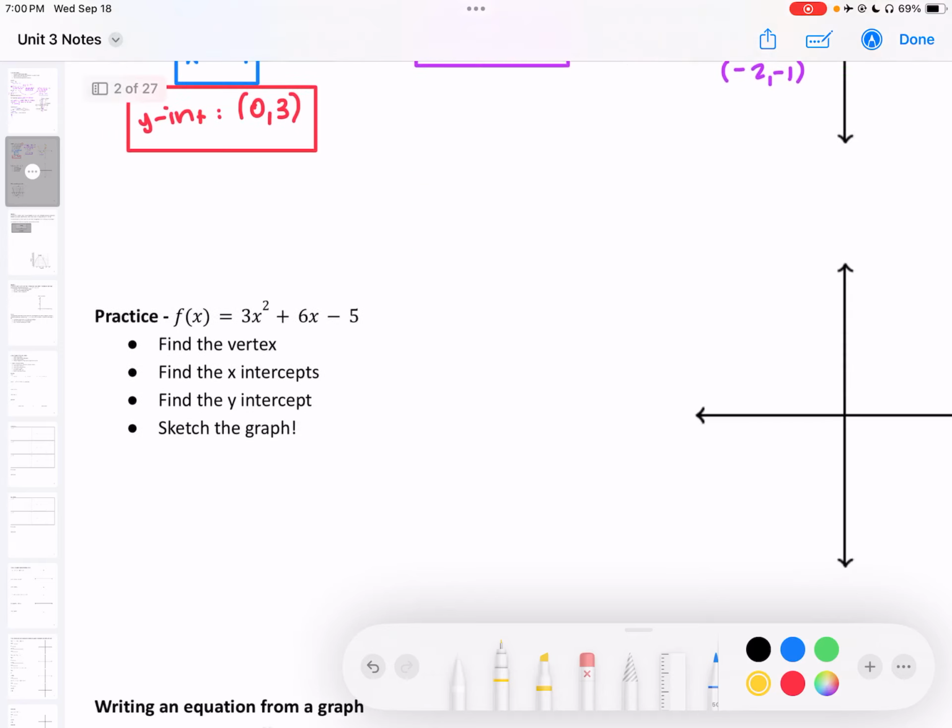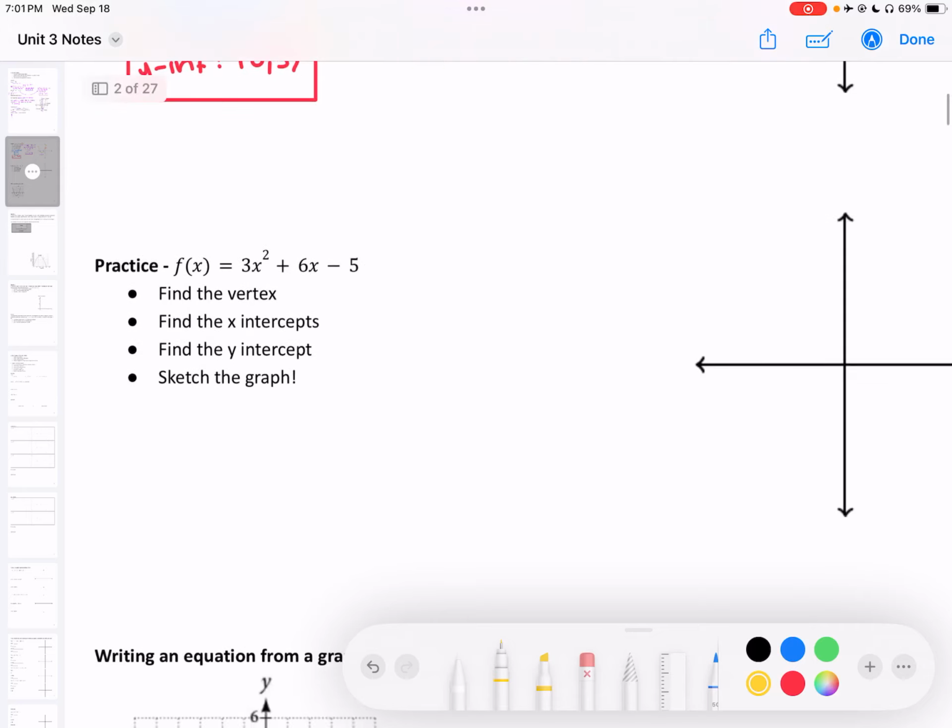Let's do the same thing for this next one. I'd like for you ideally to try it. If you're still unsure, you're welcome to just continue watching. Let's go ahead and find the vertex. We have -6 over 2a. So that's going to be -6 over 6, or -1.